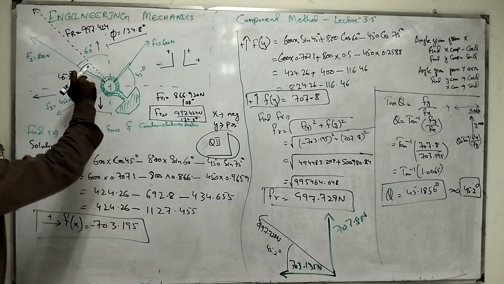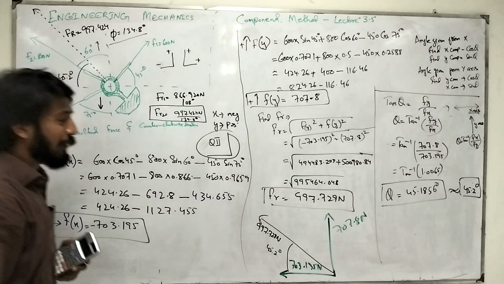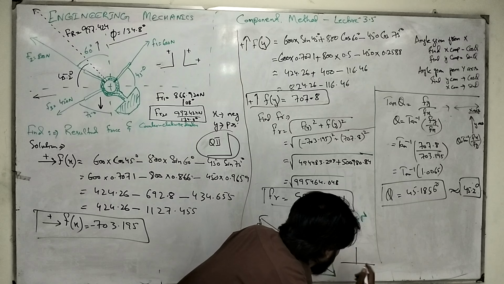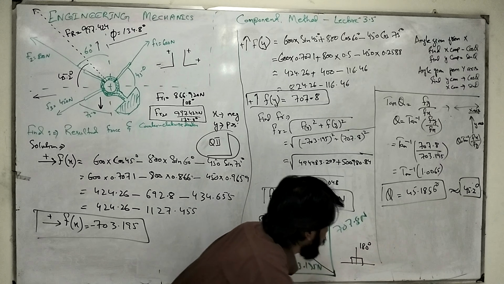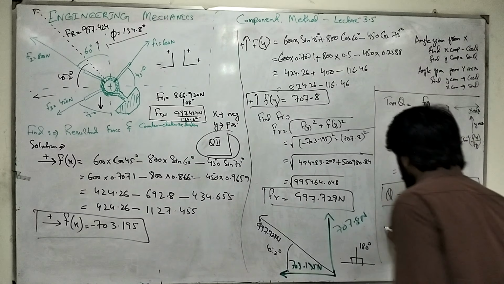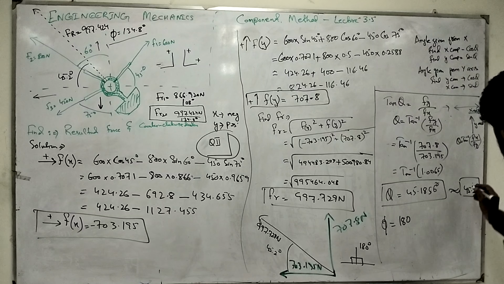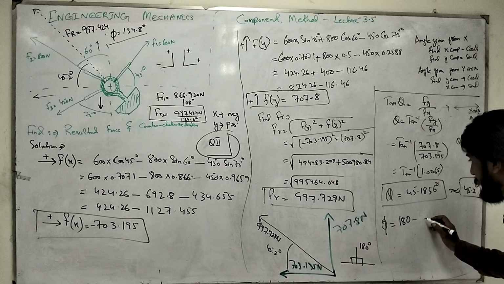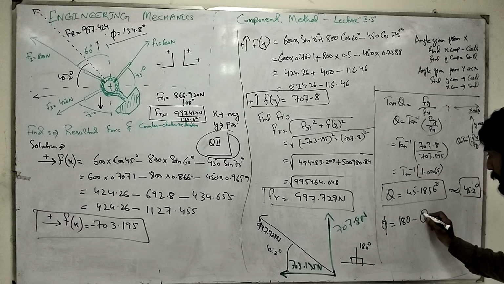Same goes over here. If I want to get this value, we know that the two quadrants sum up to be 180 degrees because it is a half circle. So if I want to find the phi value, I will simply subtract theta, 45.2, from 180 degrees.